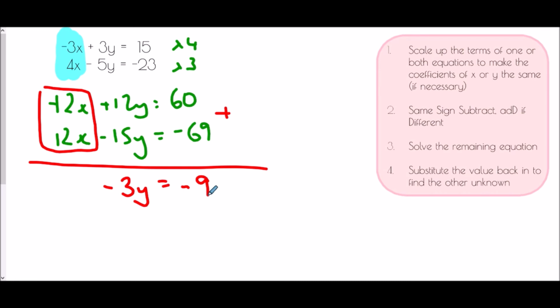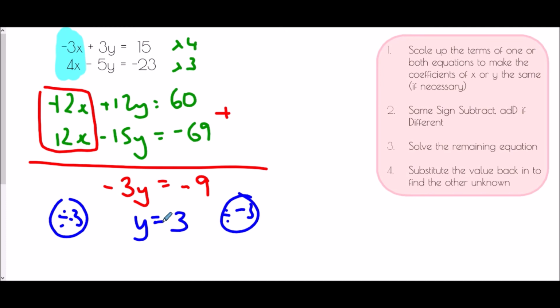And so if I need to solve this, well, the first thing I want to do is I want to divide by negative 3. And negative 3y divided by negative 3 gives me just y. And negative 9 divided by negative 3, negative divided by negative is positive. And so y equals 3.